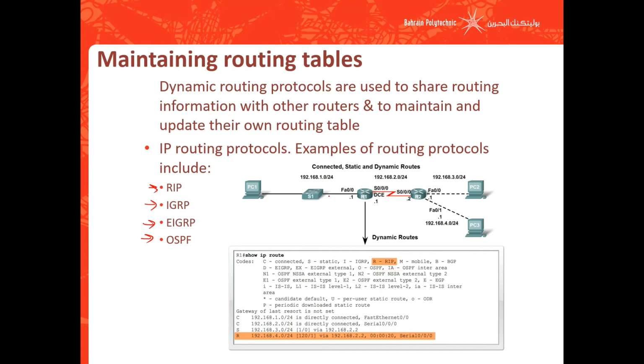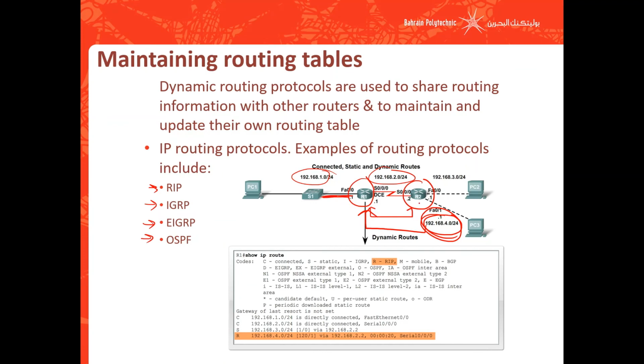For example, let's say this router shares its routing table with this router. This router has access to this new network as well, but this router doesn't know about that network because it's only connected to this network and this network. So when these two routers share their routing tables, this router will see, oh, router 2 knows about this particular network as well, so it will add that network to its own routing table.